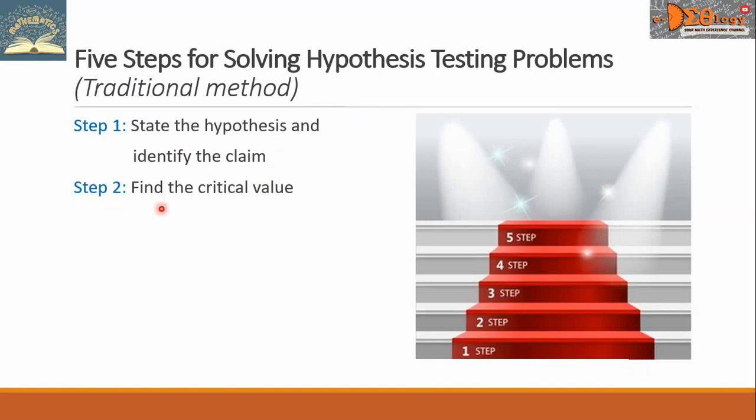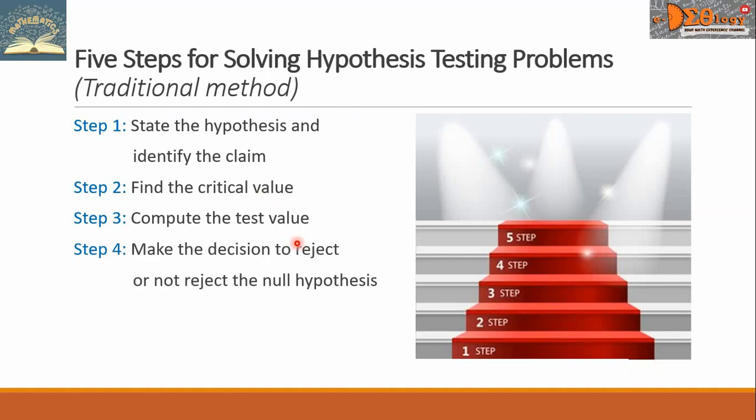Step 2, find the critical value. Step 3, compute the test value. Step 4, make the decision to reject or not reject the null hypothesis. Step 5, summarize the result.